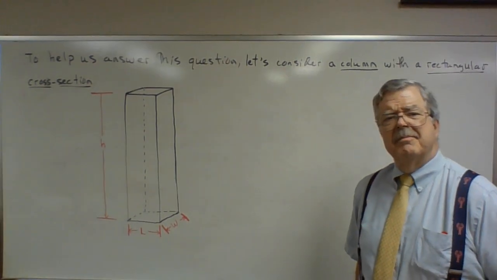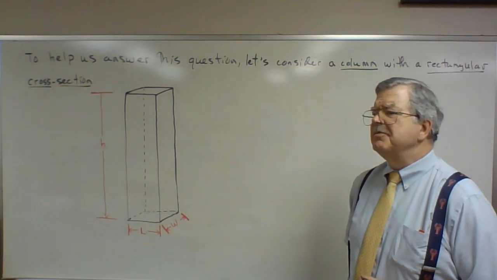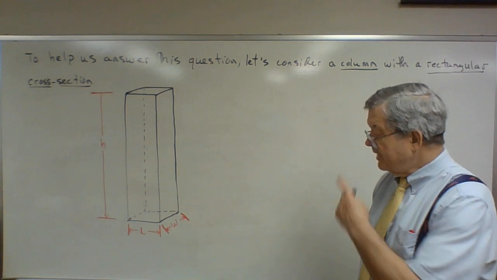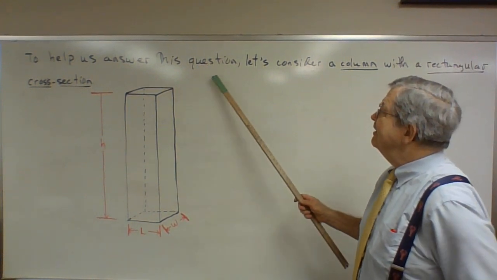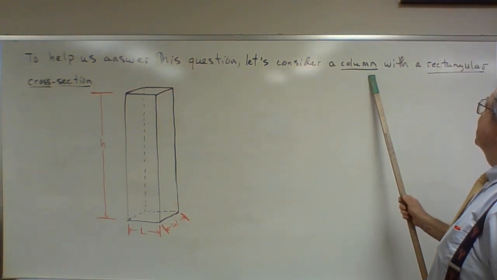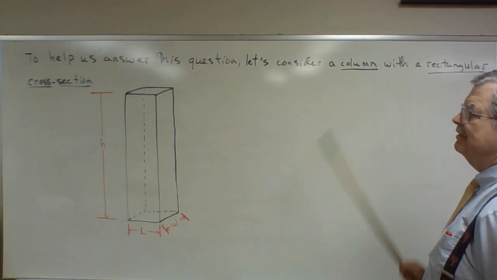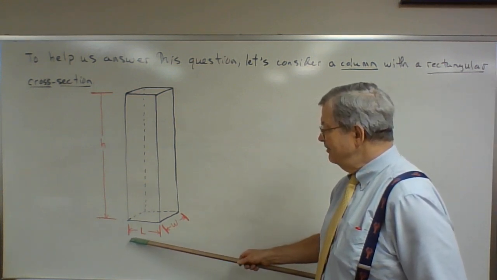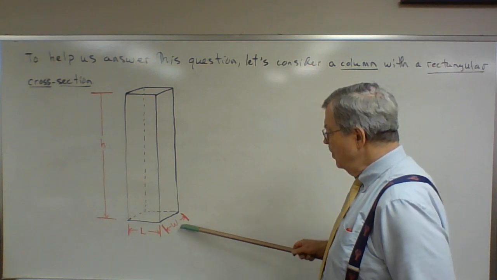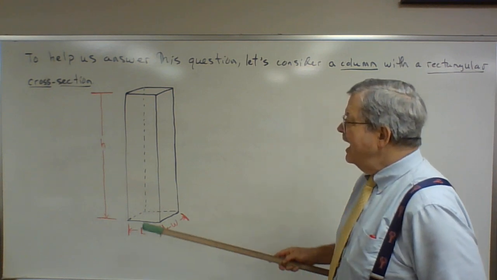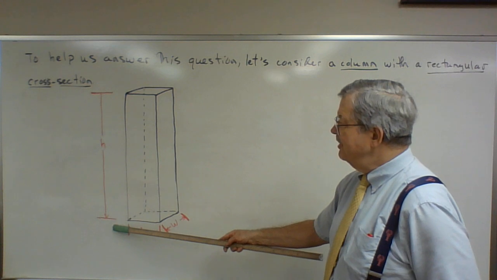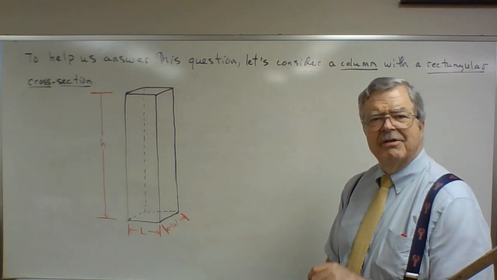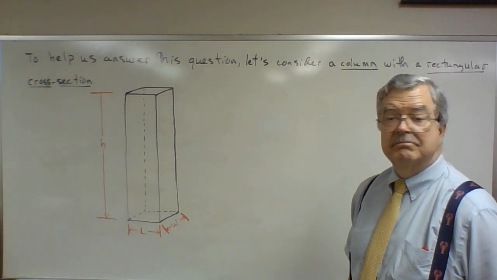Just to give us some insight on how to compute the volume of a cylinder, let's consider a column with a rectangular cross section. The cross section has length L, width W, and the column has height H. Now, what's the volume of that column?